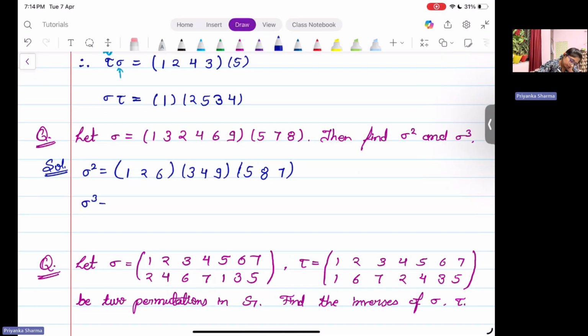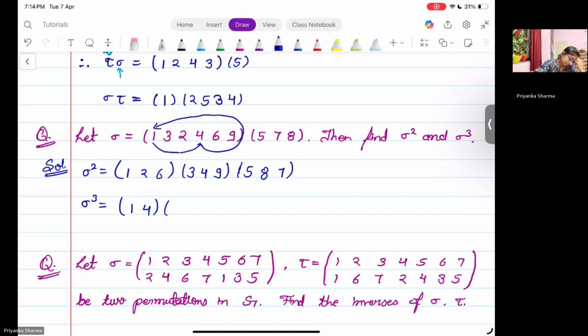What is sigma cube? So now we will have to skip 2 elements, or we'll have to write the third element in the cycle. So what about 1? 1 will be mapped onto 1, 2, 3. So this time 4. 4 is mapped onto 1, 2, 3. That is 1. This will be this.